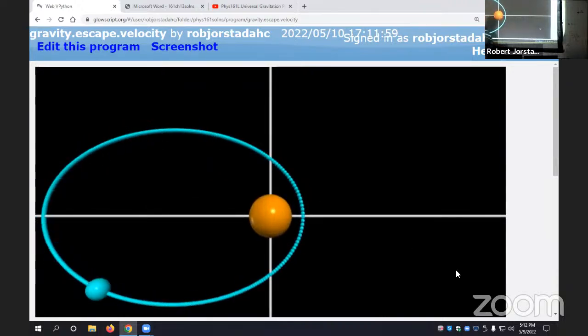Now in this case, if we don't have enough energy to escape, the kinetic energy is less than the negative potential energy. The total energy is negative here.